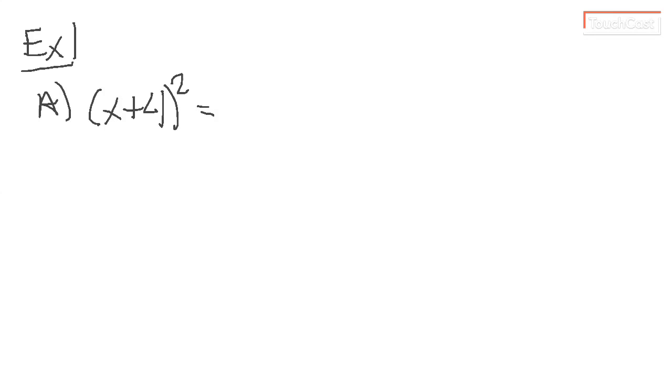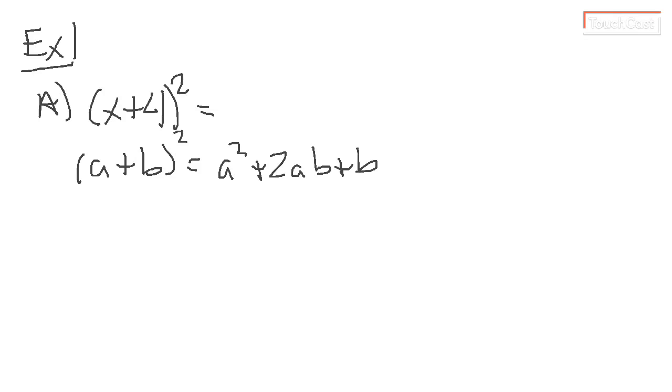And rather than foiling it, we can use that formula we just came up with, where x is in place of the a, and 4 is in place of the b. So on the last page, we said a plus b squared is a squared plus 2 times a times b plus b squared.